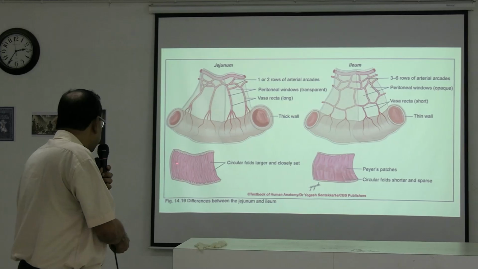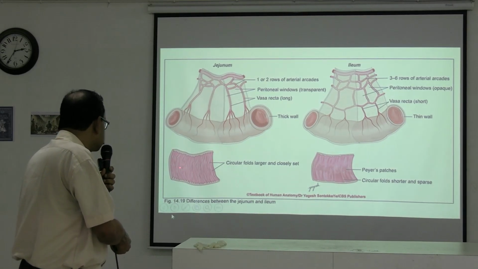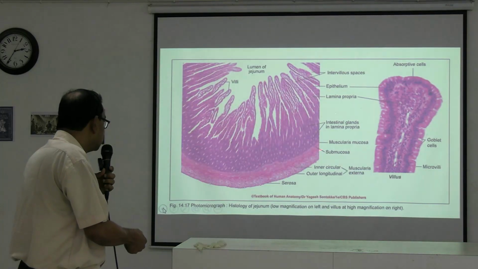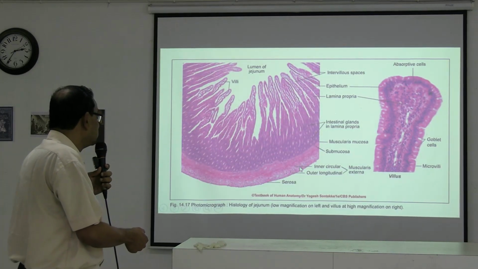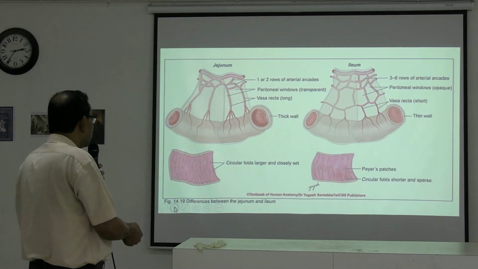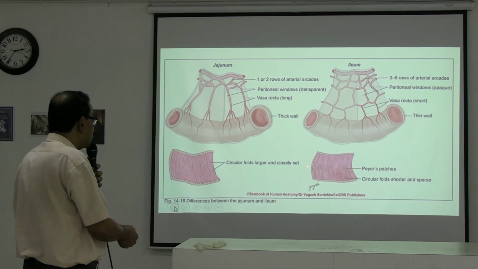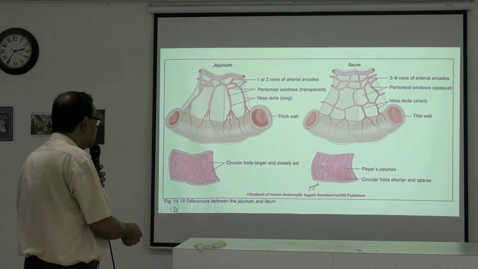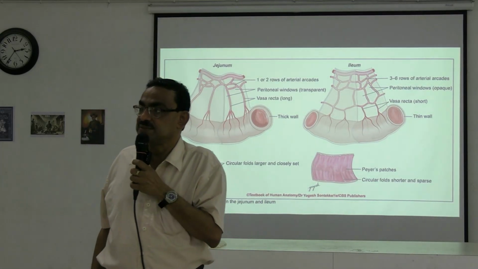In the previous slide, within the circular fold in the jejunal end, we can expect one or two solitary lymphoid follicles. But here we can find these solitary lymphoid follicles get aggregated in the ileal end, and it forms the Peyer's patch.